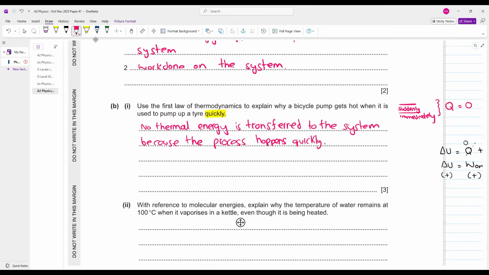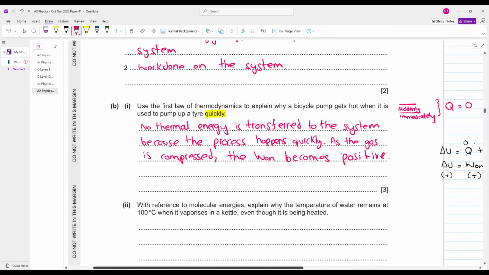You will say, as the gas is compressed, the work done on the gas becomes positive. Since work done on the gas is positive, change in internal energy of the gas is also positive.